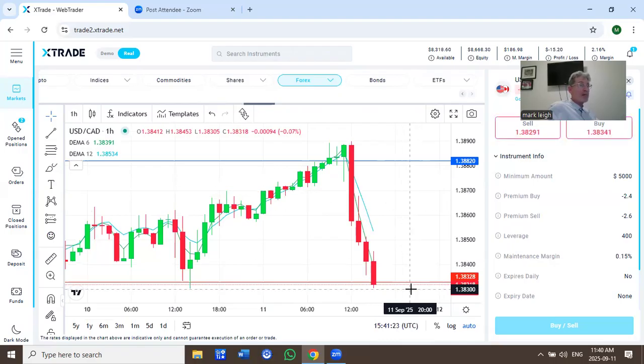But of course they can break through relative resistance and support areas, or if the US dollar can fight back in the afternoon portion of the US session, we've got resistance and support areas to work with.